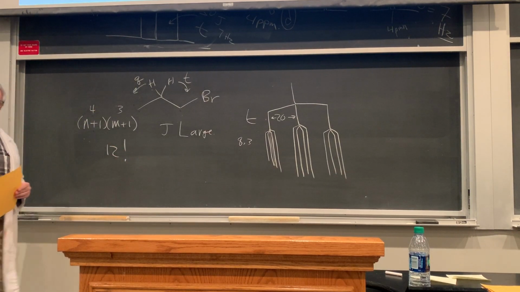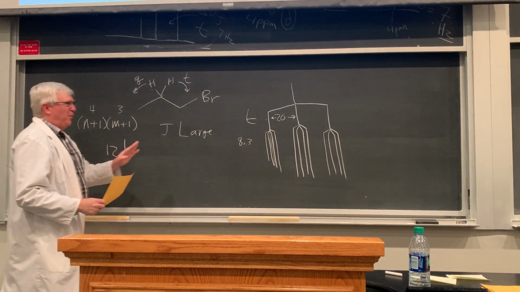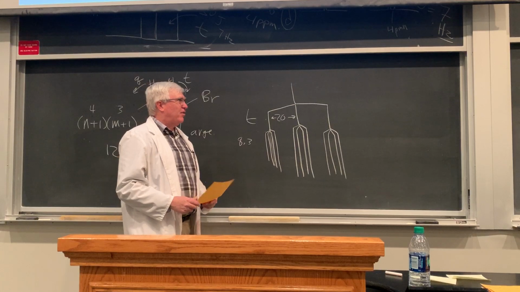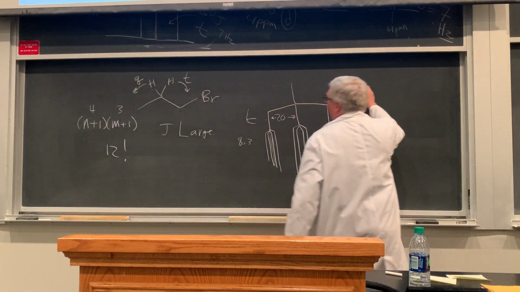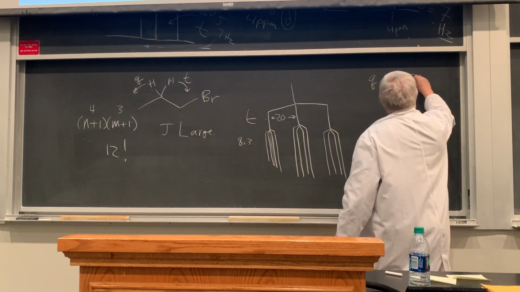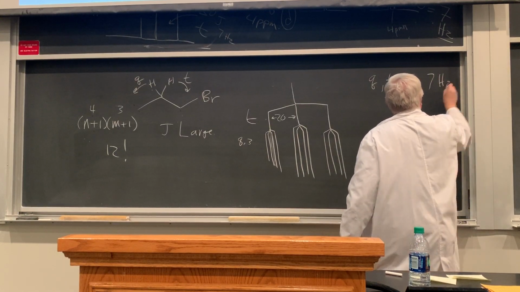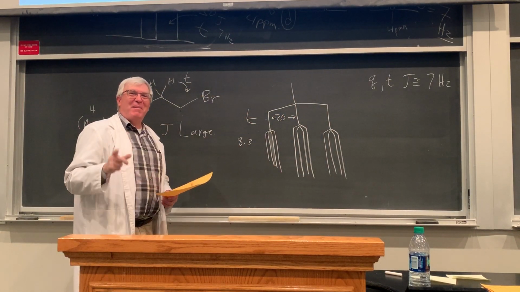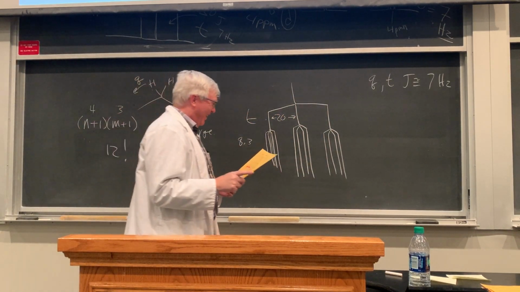Ouch, okay. If the couplings are different, if one is large and the other is small, sometimes you can see all the lines distinct. But let's say both of them, the quartet and the triplet, the J value is around 7 hertz. Okay, hopefully I can do this. This might get a little messy. Isaac might have to help me out here.